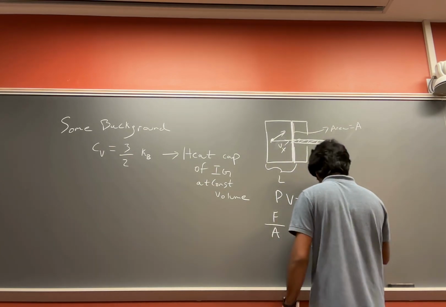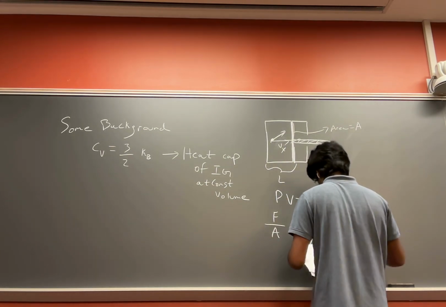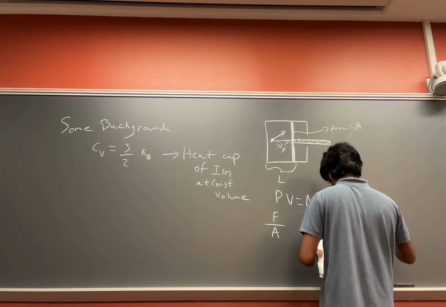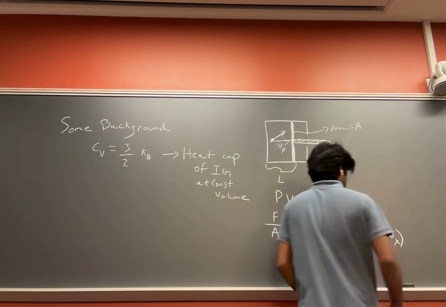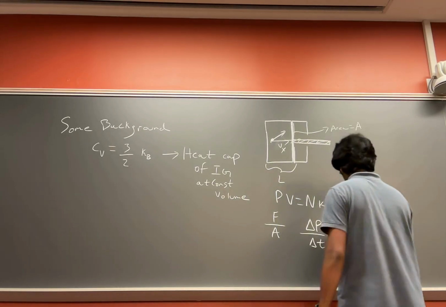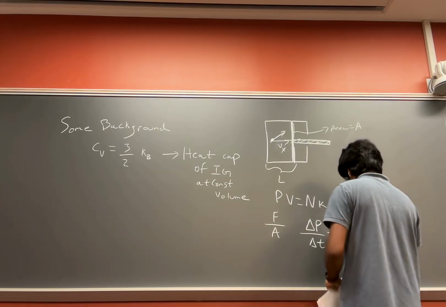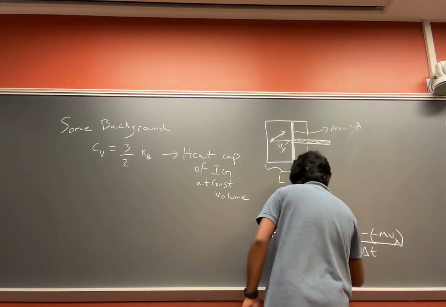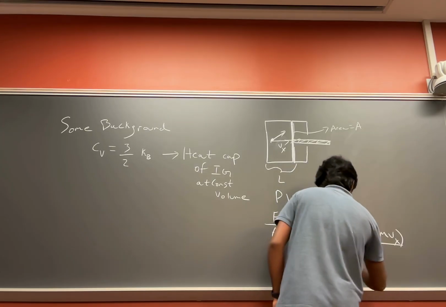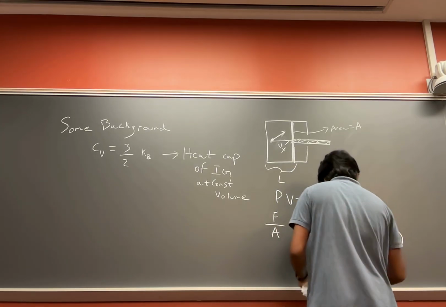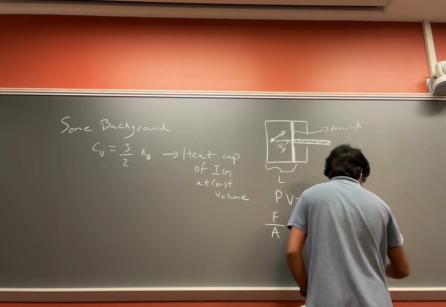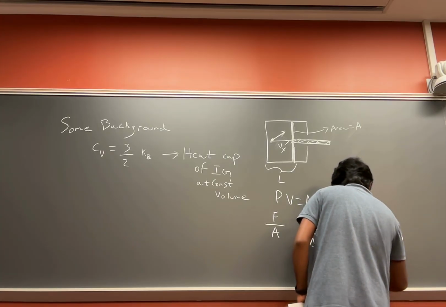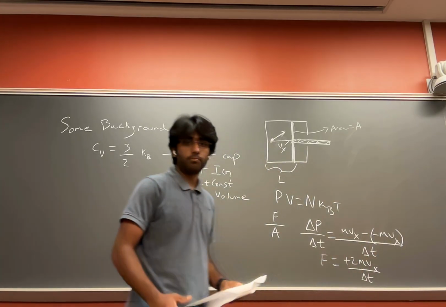The change in momentum, divided by the change in time, gives us force equal to 2mVx over delta t.